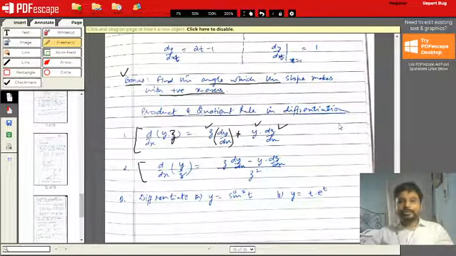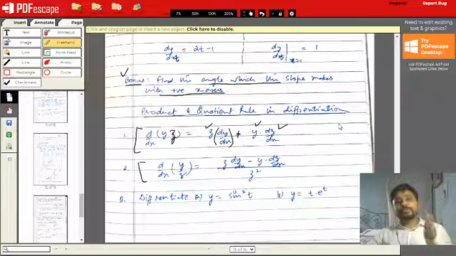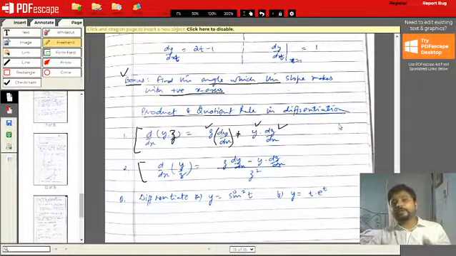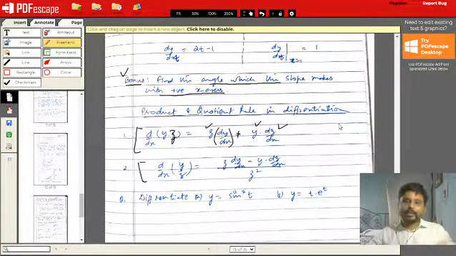So this would be a pretty easy rule to remember. Differentiate one, keep the other outside, plus differentiate the other and keep the first outside.